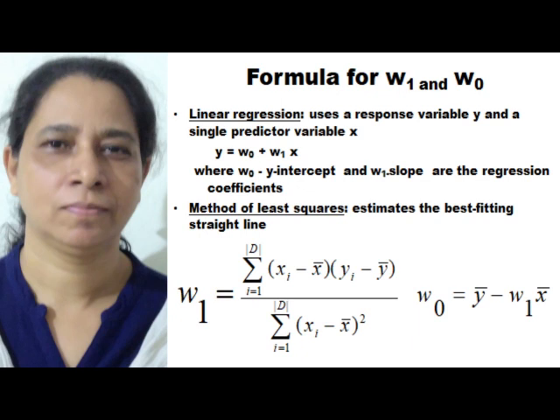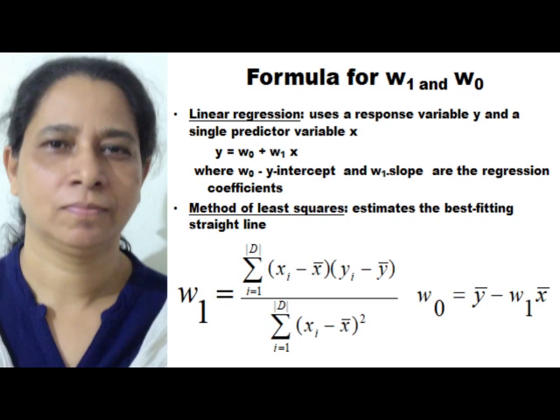w0 and w1. Let D be a training set consisting of values of predictor variable x for some population and their associated values for response variable y. The training set contains D data points of the form (x1, y1), (x2, y2), etc. up to (xd, yd).